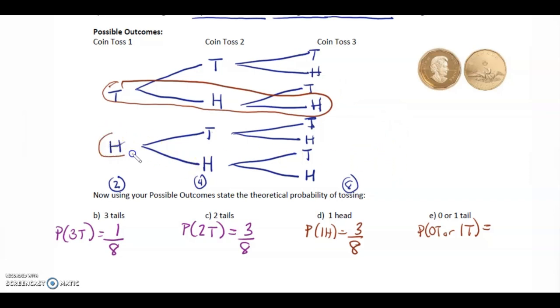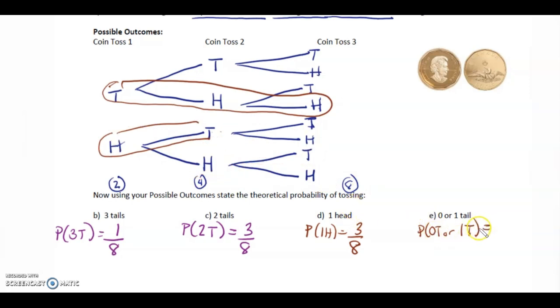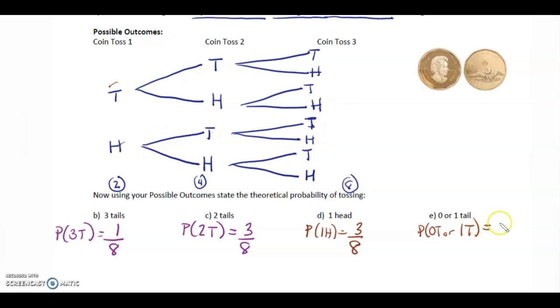So heads, tails, tails doesn't work. That's 2 tails, but heads, tails, heads will work because that's only 1 tail. And heads, heads, tails works. That's 1 tail. And heads, heads, heads works. So that's 3 and then 1. I'm going to delete this to keep it clean. So altogether that's 4 out of 8, which is 1/2.